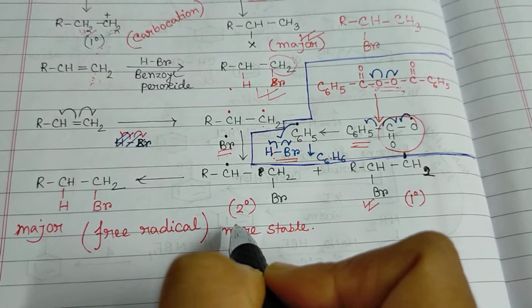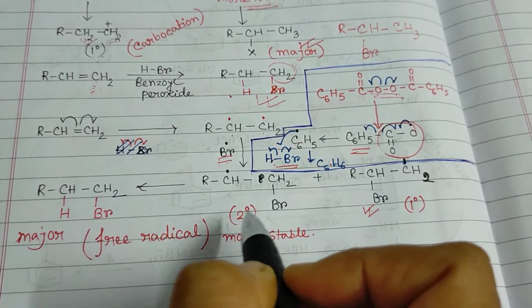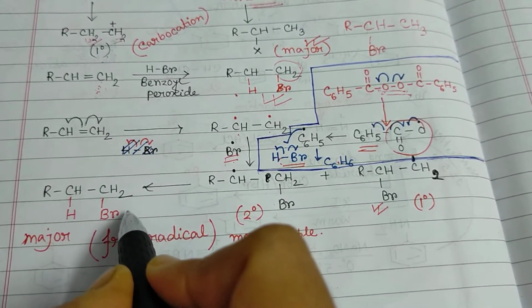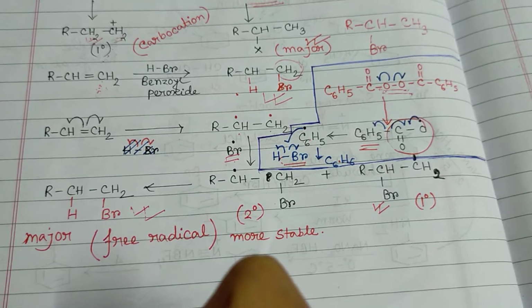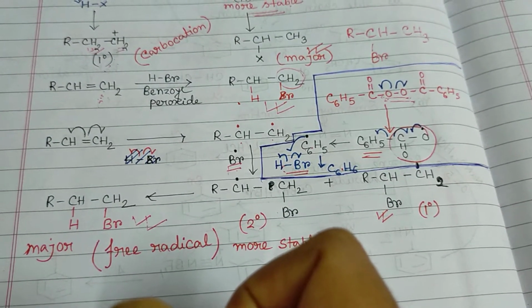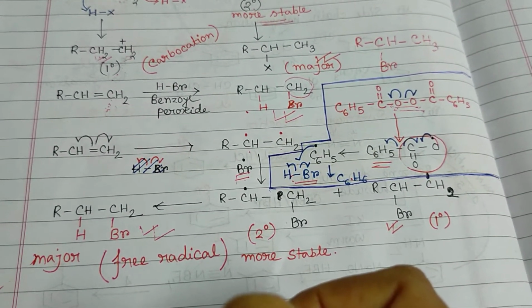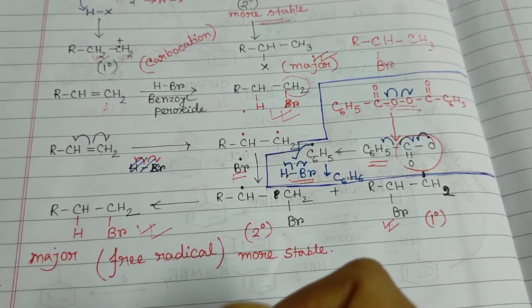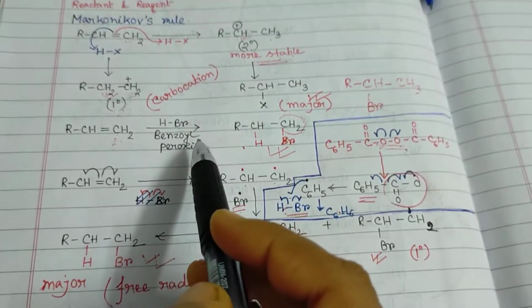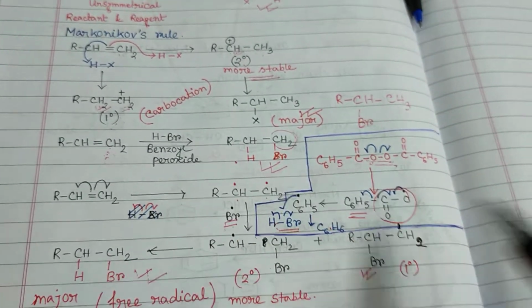Similarly to the carbocation, the 2 degree free radical is more stable, so there will be formation of the product like this one. So the presence or absence of peroxide changes the mechanism, and then the product is also different. Now we can see I have written HBr in both cases and the products are different.